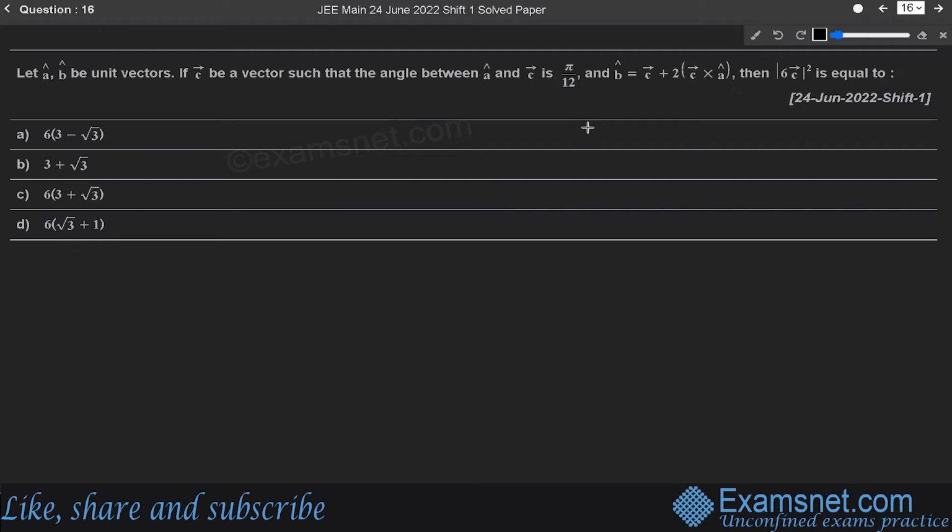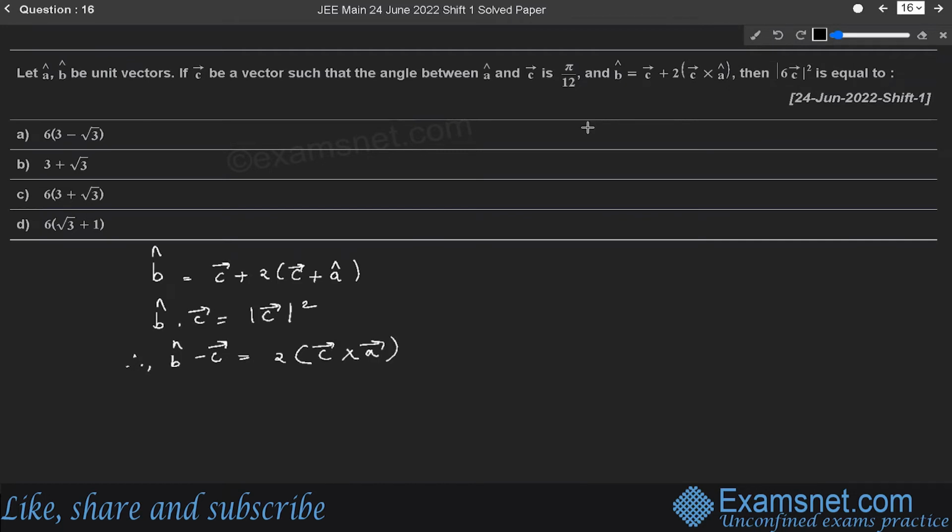It is given that b cap is equal to c vector plus 2 into c vector cross product a cap. Therefore, b cap dot product c vector will be equal to modulus of c vector whole square. Therefore, b cap minus c vector will be equal to 2 into c vector cross product a vector.